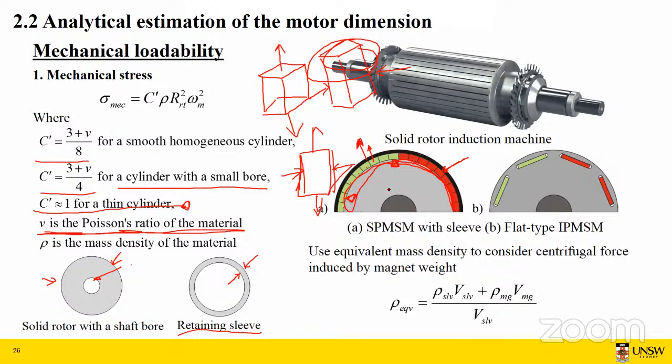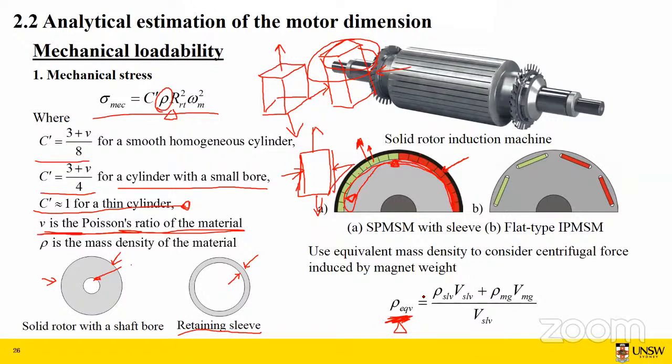But to consider the centrifugal force acting on the magnet in this equation, we need to use an equivalent mass density. So this is the equation to calculate the equivalent mass density.